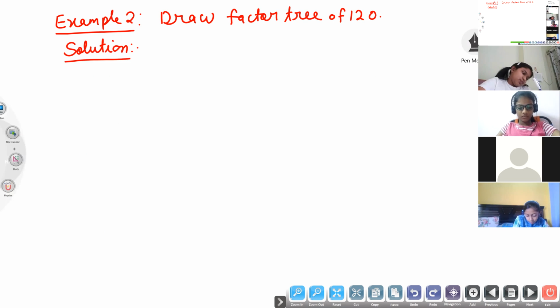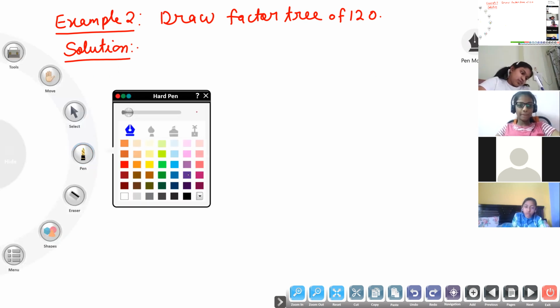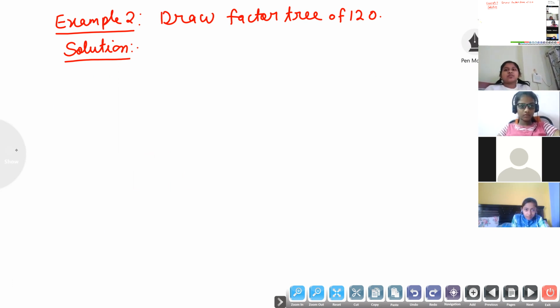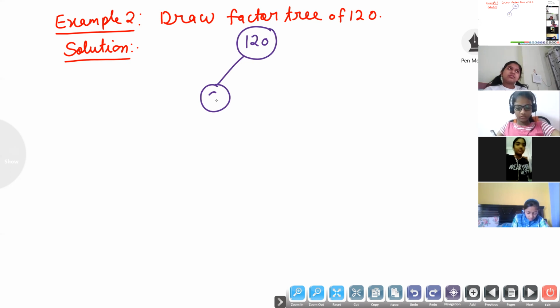Firstly, 120 I want to divide by the least number. Students, listen carefully. Here we will apply all the divisibility rule concepts. Firstly, I want to check whether 120 is divisible by 2 or not. Yes. Then what answer will come here? 60.